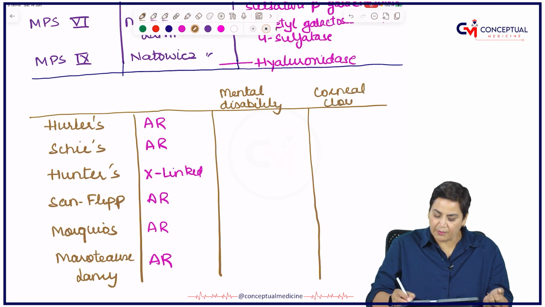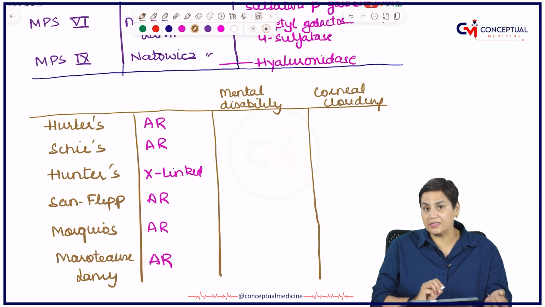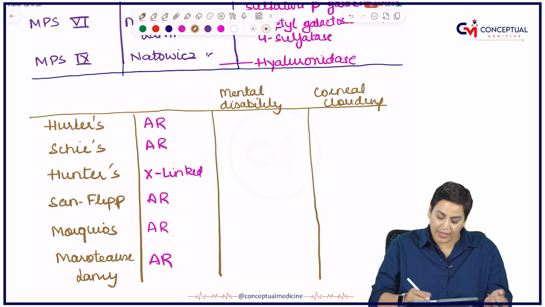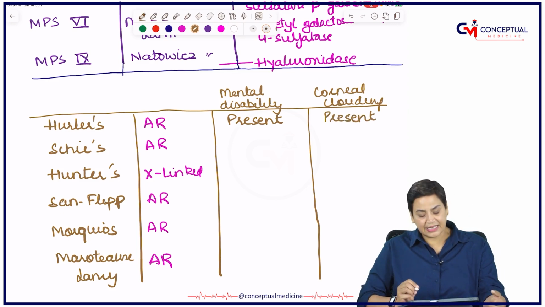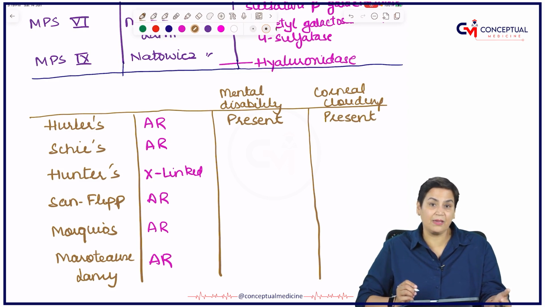So, if we talk about Hurler syndrome, both are present. In Scheie syndrome, because you saw that the name of the enzyme was the same, alpha-L-iduronidase, but Scheie disease is due to a partial defect of alpha-L-iduronidase.